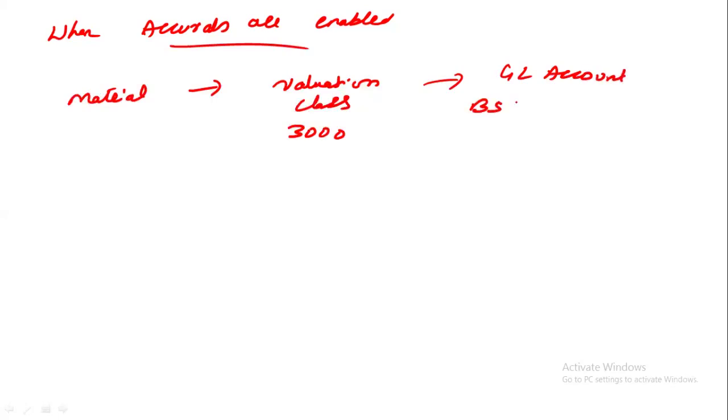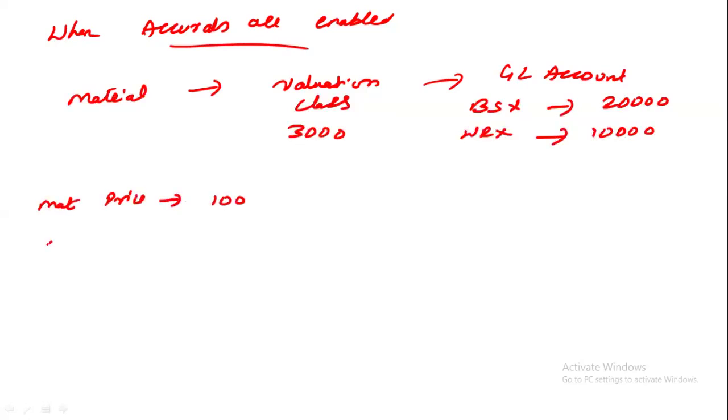One is BS6, one is WRX. For this, you have 2 lakh. For this, you have 1 lakh. Okay. And the material price is 100, and the freight is 10 rupees.